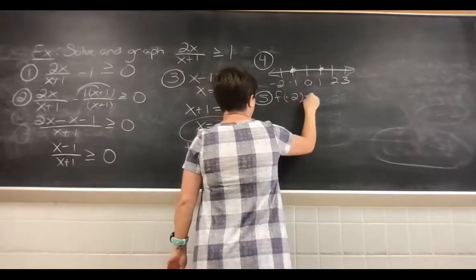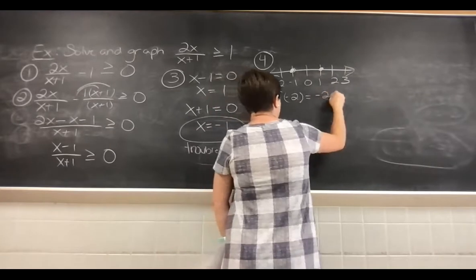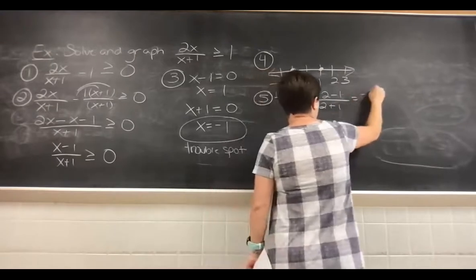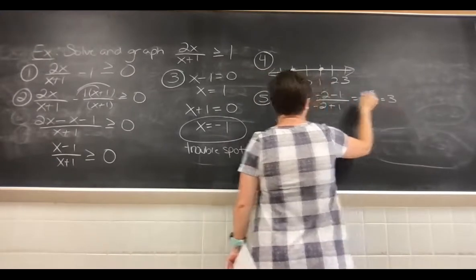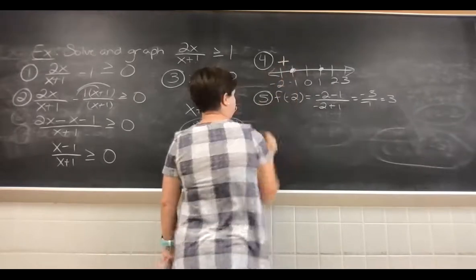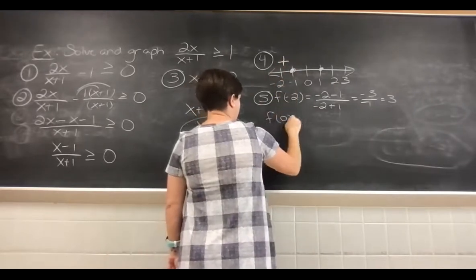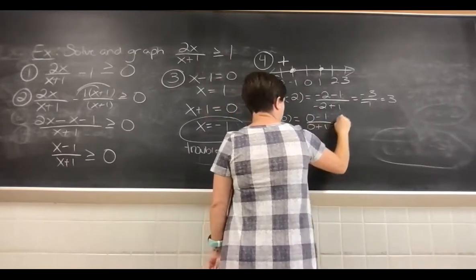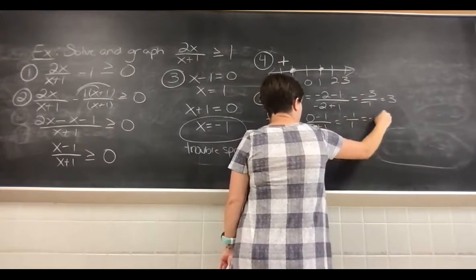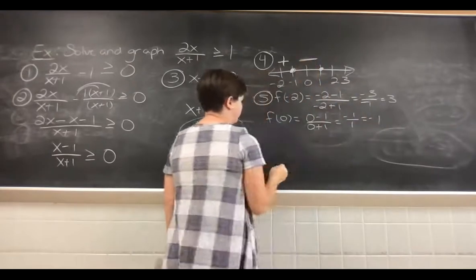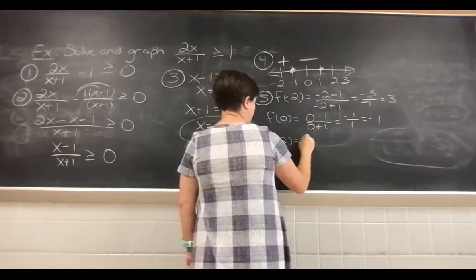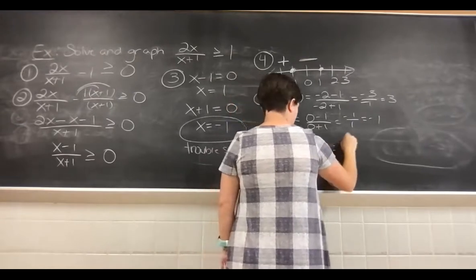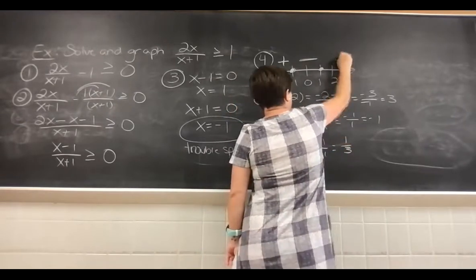F of -2 is -2 minus 1 over -2 plus 1, which is -3 over -1, which equals +3. So this is positive. F of 0 equals 0 minus 1 over 0 plus 1, which equals -1 over 1, which is -1. And F of +2 is 2 minus 1 over 2 plus 1, 1 over 3, which is positive.